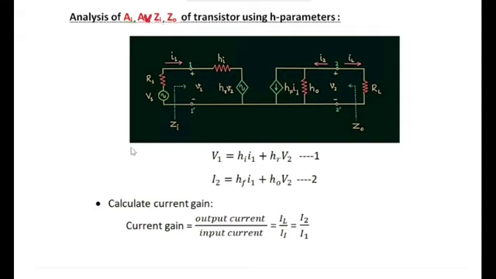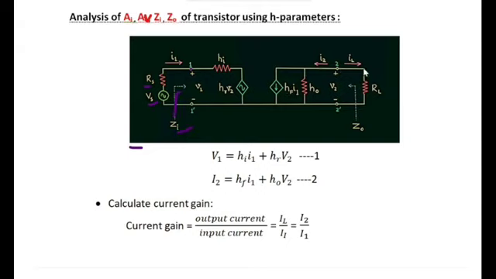Now observe the circuit diagram of the BJT. Here we have a source Vs and source resistance Rs, and the source is alternating current. From port 1, that is terminal 1, the current I1 flows through the hi resistor, and from the input side the impedance acting is Zi.